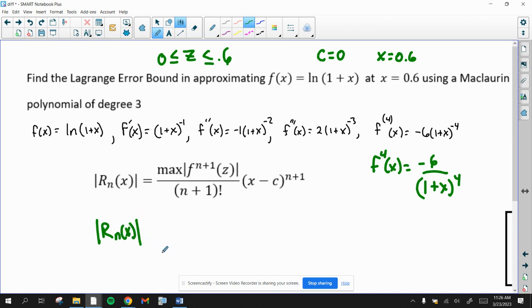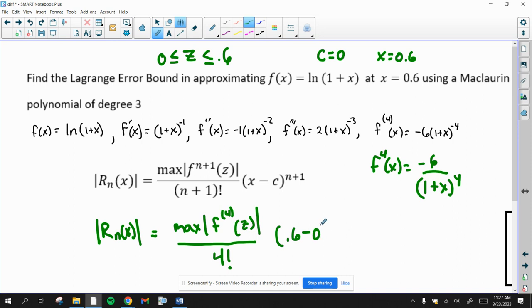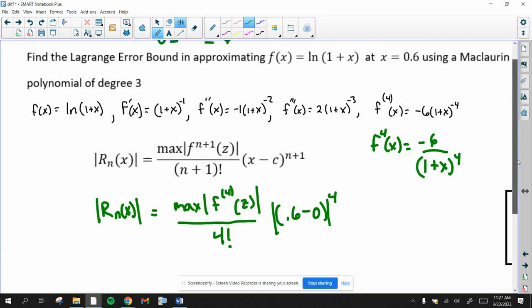The maximum of the difference, the remainder, is the maximum value of the absolute value of the fourth derivative at any value between 0 and 0.6, over 4 factorial, times x minus c. We set up there x is 0.6, c is 0, to the fourth. Now this is also an absolute value. So if it's negative, you just make it positive. It's just the difference between them.